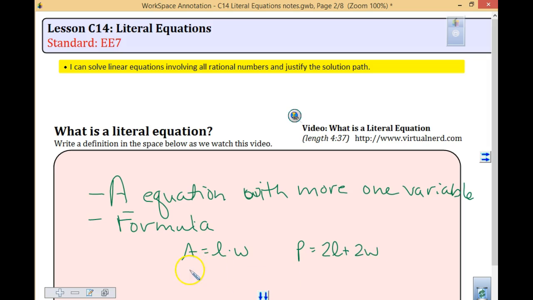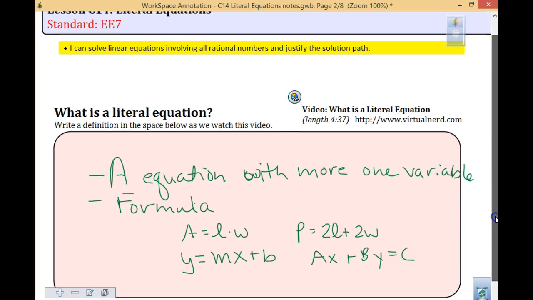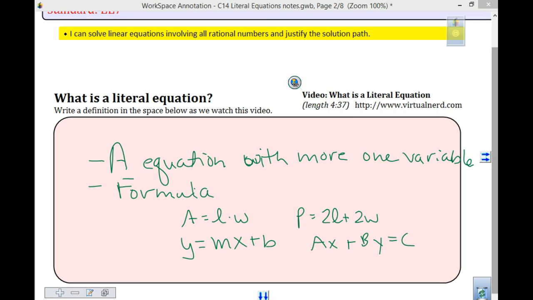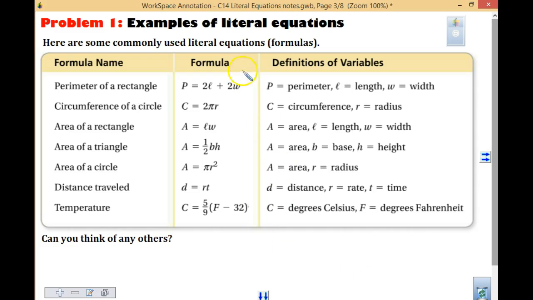They gave you this one, which we're going to use a lot in our next unit, y equals mx plus b. And next year in algebra, you will use this one a lot, ax plus by equals c. All variables in 3 of these, 2 of them sometimes have numbers. And what you're going to be asked to do today is, as you look on that next page down in your notes, you see a bunch of other common formulas, okay?